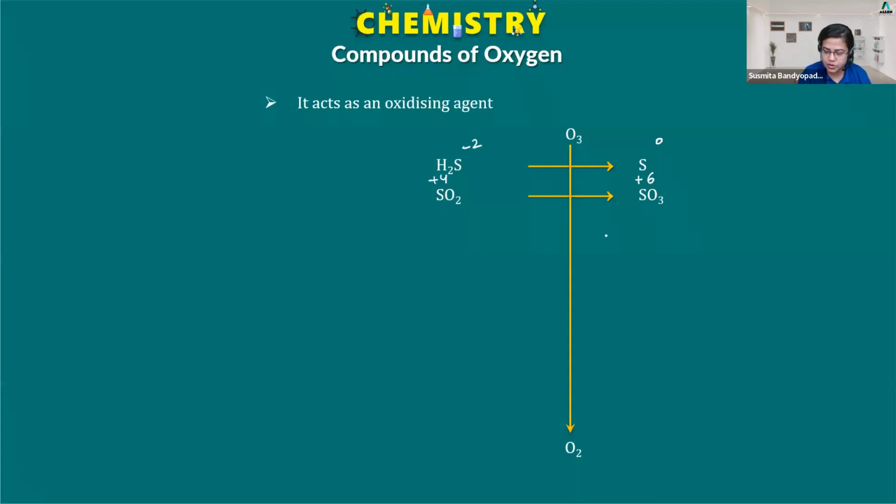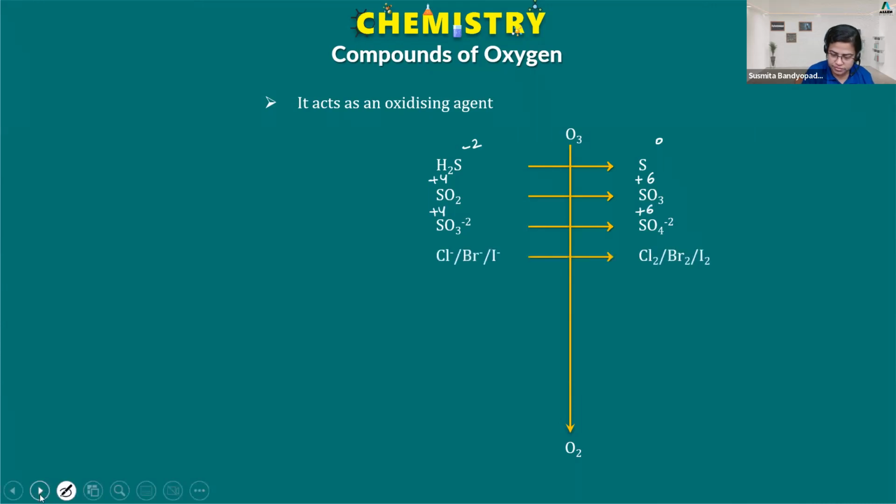Sulfur in the plus 4 state goes to sulfur in the plus 6 state. Being an oxidizing agent, it will force the other atom to lose its electron. Sulfite again, plus 4 to plus 6. Iodide, minus 1 to 0. Again, it will cause the oxidation of the other element.